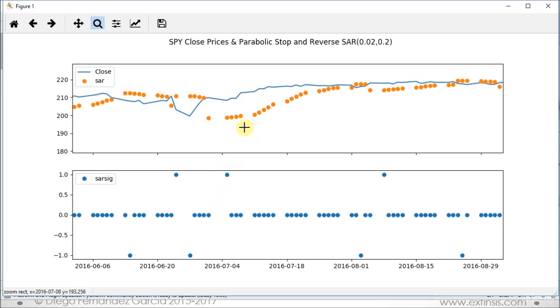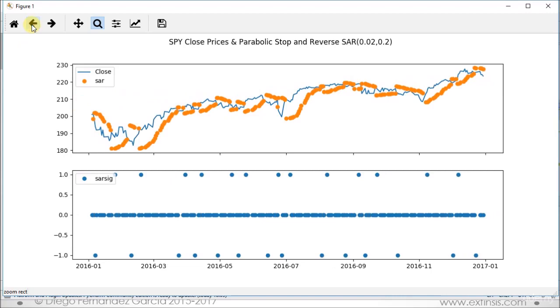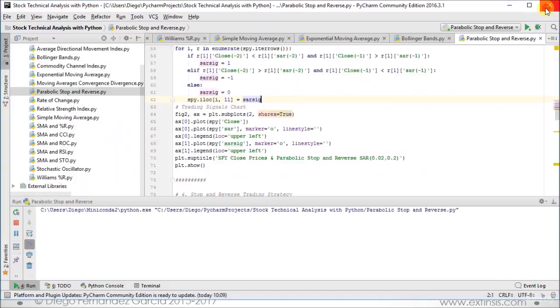And then whenever we have, in this case, an uptrend, and we change into a downtrend, then we have the corresponding sell signal being implemented 1 day later. So this is how the parabolic stop and reverse works. So zooming out just by scrolling back. Excellent. So let's close this chart.